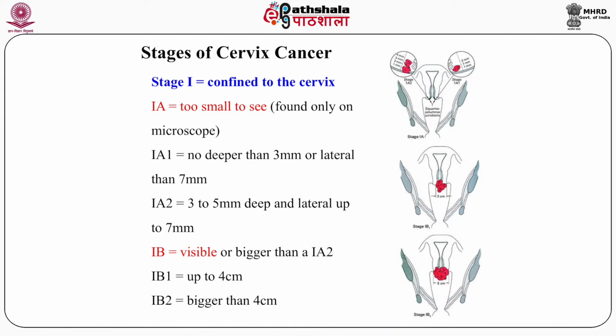1B is visible or bigger than 1A2. Now in this particular stage, the disease can be seen visibly, and it is further divided into 1B1 up to 4 centimeter, 1B2 bigger than 4 centimeter.